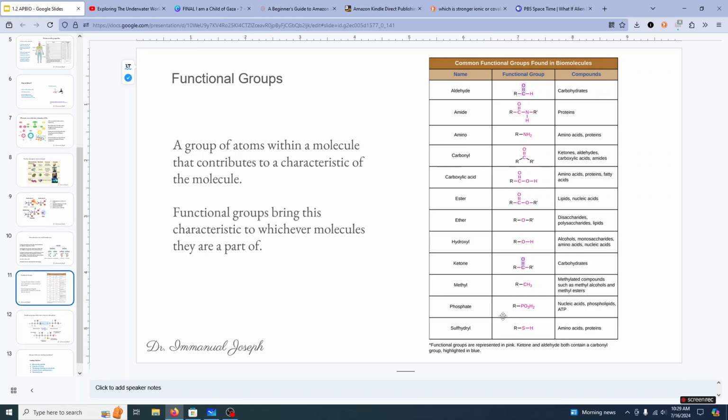And quickly recap, polar is unequal sharing of electrons because one of the elements has a higher electronegativity compared to the other element that it's sharing electrons with. So for example, in water we saw that oxygen has a much higher electronegativity compared to hydrogen. Therefore, the electrons are attracted closer towards itself compared to hydrogen, which gives oxygen a slightly negative charge and the hydrogen a slightly positive charge.